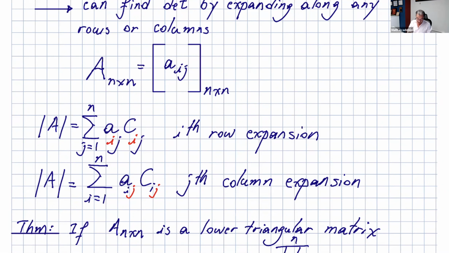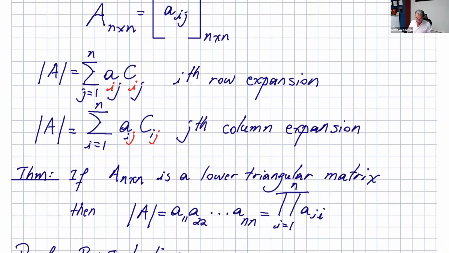So in this case, j changes. The red i is always the same, and j goes from 1 to n, which is the size of the matrix. Here for the jth column expansion, the determinant of A, here i changes, and j, which I wrote in red just to show it stays the same, and i goes from 1 to n, which is again the size of the matrix, a square n by n matrix.